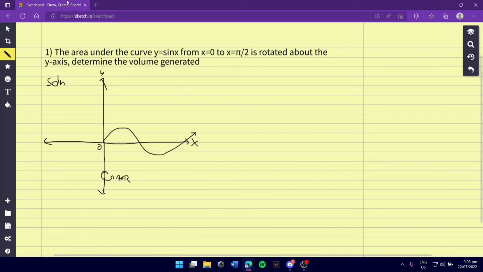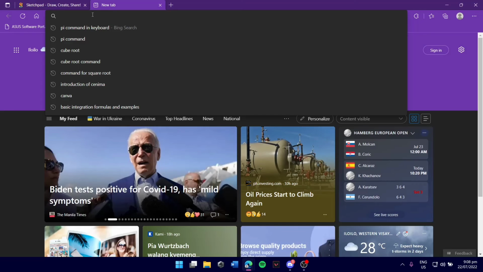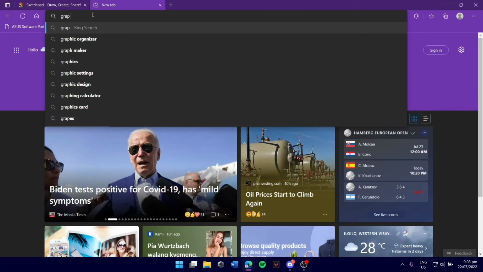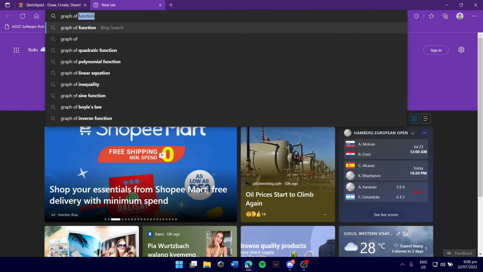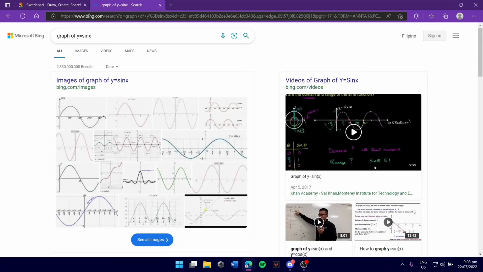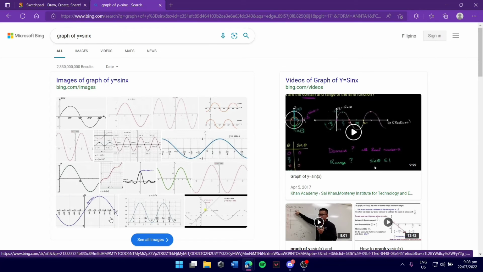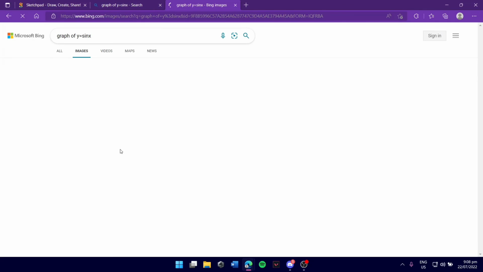So if we do this graph of y equals sine x, like that, it decreases here, right?